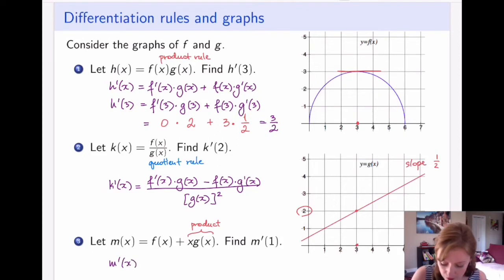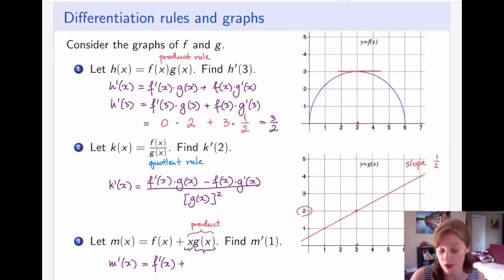So for the derivative here, the sum rule says I can take the derivatives of those two pieces separately. So the derivative of f of x is just f prime of x, plus, but now I have to take a derivative of x times g of x. That's a product, so I have to apply a product rule. The product rule says it's the derivative of the first piece, which is just x.